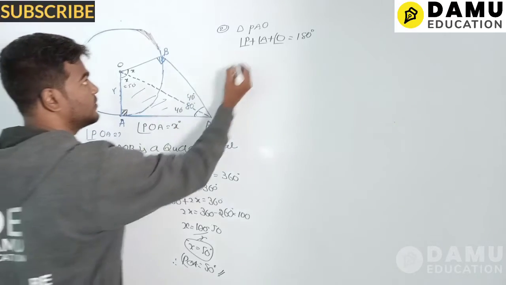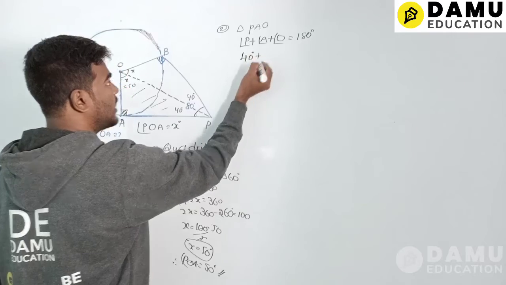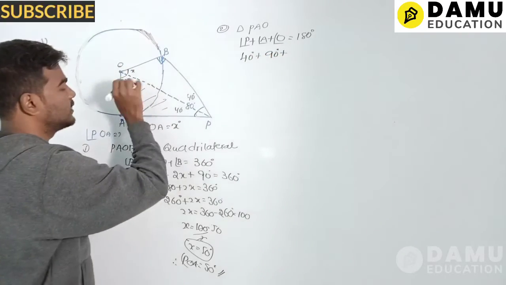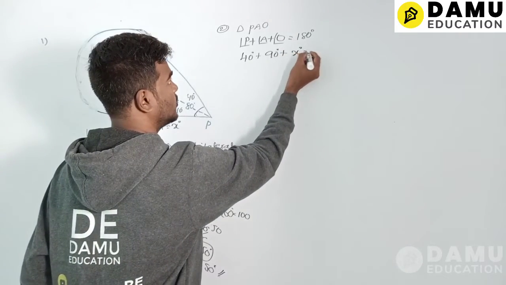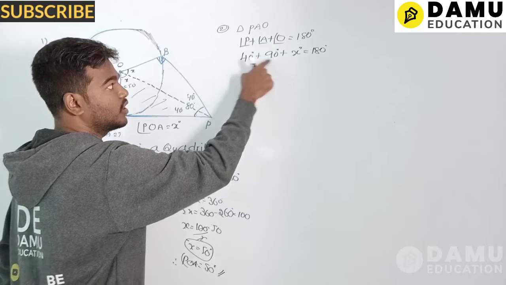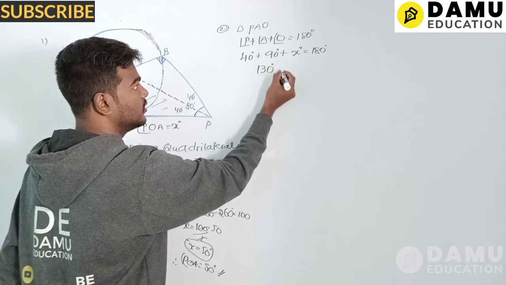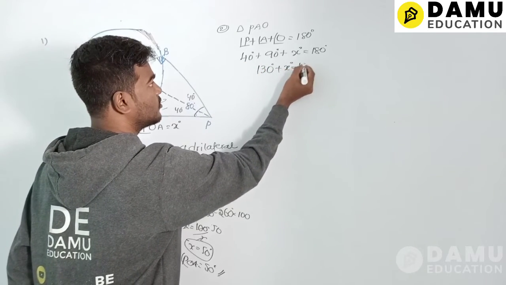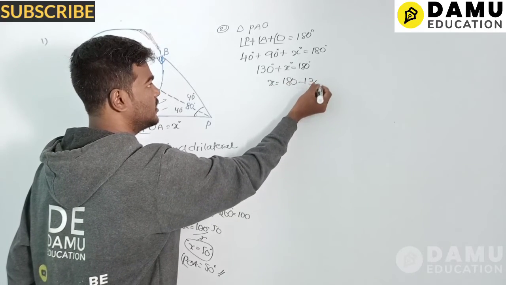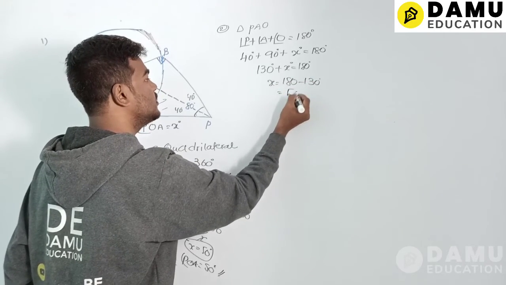So angle P is 40 degrees, angle A is 90 degrees, and angle O is x degrees. The sum is 180 degrees. So 40 plus 90 is 130, plus x will be equal to 180. Then x equals 180 minus 130, we will get 50 degrees.